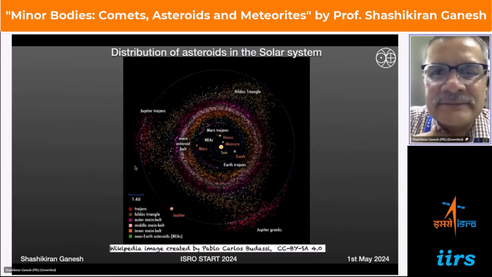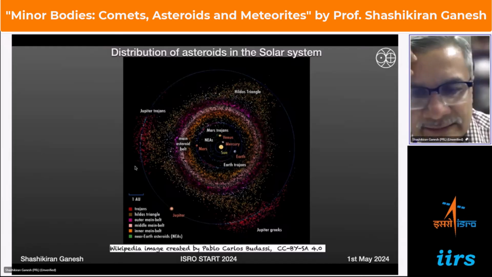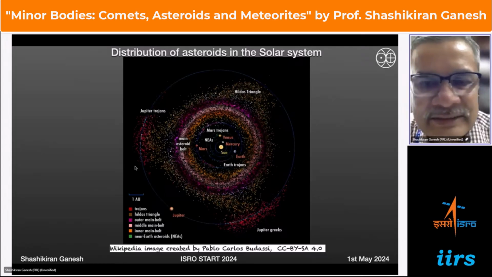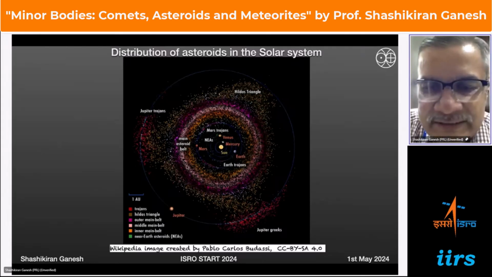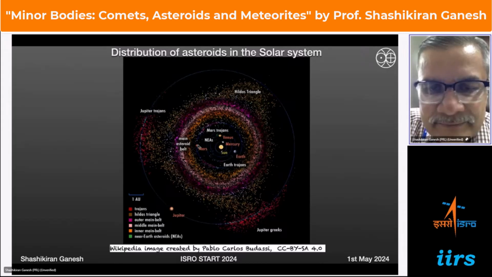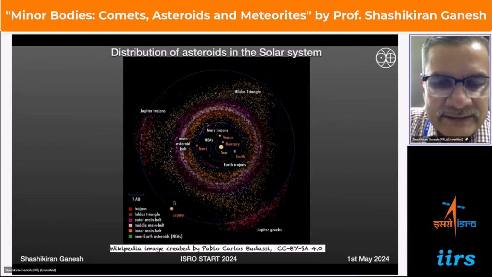Now, how do we identify the asteroids in the solar system? This is a map of all the known asteroids, taken from data collected from the Minor Planet Center, and it's color coded for different types of objects. Just to give you an example, this is the Sun, the Earth is here, Mars is here, and most of the asteroids are confined between the orbits of Mars and Jupiter.